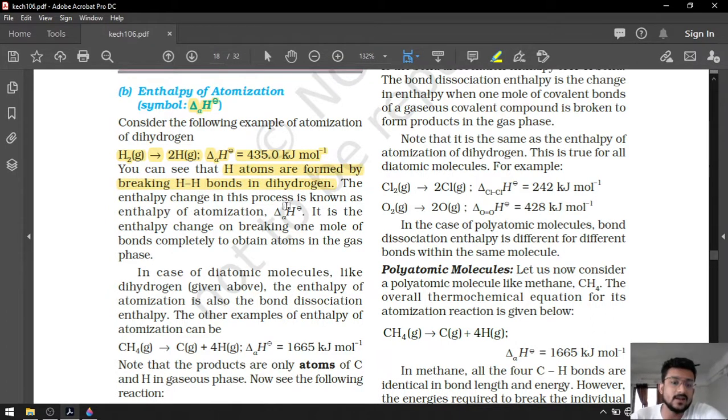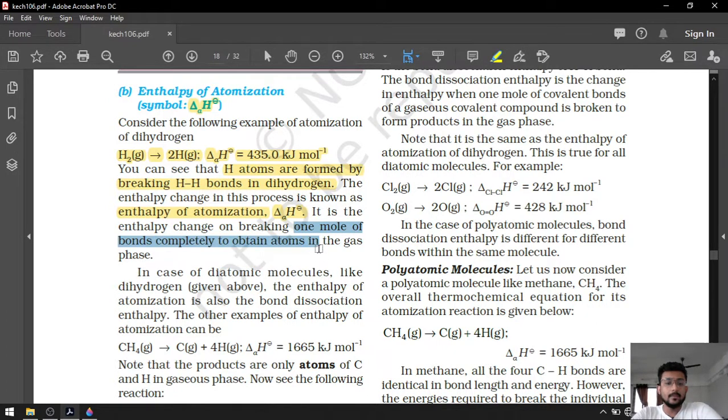The enthalpy change in this process is known as the enthalpy of atomization. It is the enthalpy change on breaking, remember, one mole of reagent will be used, only 1 mole reagent will be used. That is the characteristic of the energy of atomization.